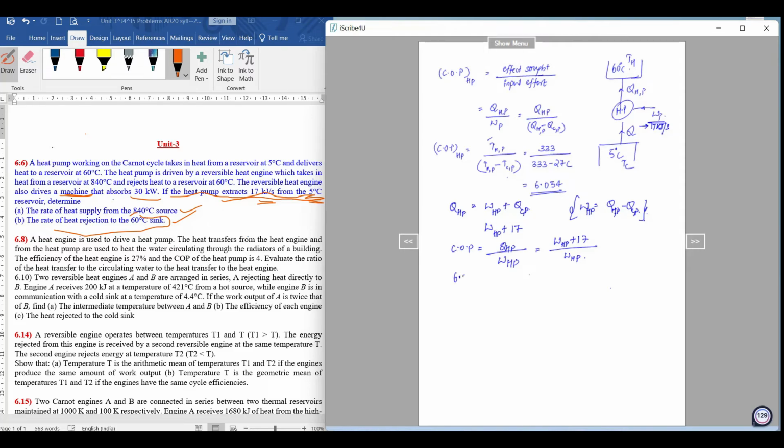So substituting, you already know the value of COP: 6.054 equal to W of HP plus 17 by W of HP. Okay, so this I can write as 6.054 equals 1 plus 17 by W of HP. So this implies your W of HP will be equal to 17 by 6.054 minus 1, which becomes 5.054, which is equal to 3.36 kilowatt. Calculate that, right?